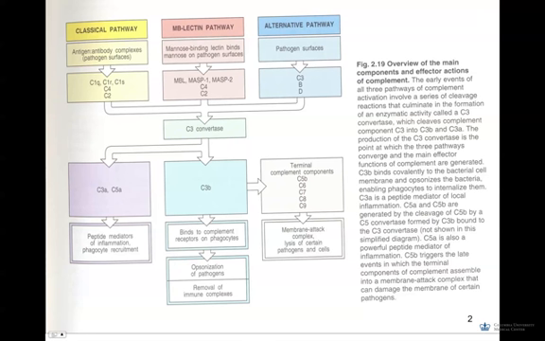That insertion causes water to rush into the pathogen, and it causes lysis of the pathogenic cell. So basically it directly kills the pathogen.